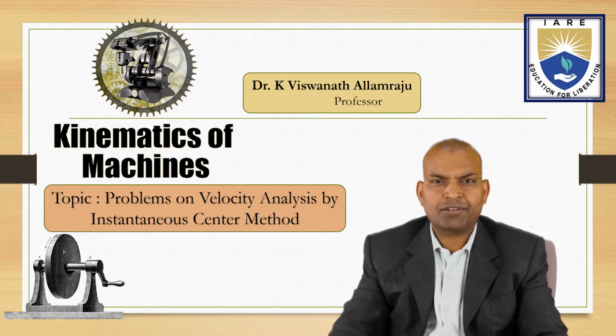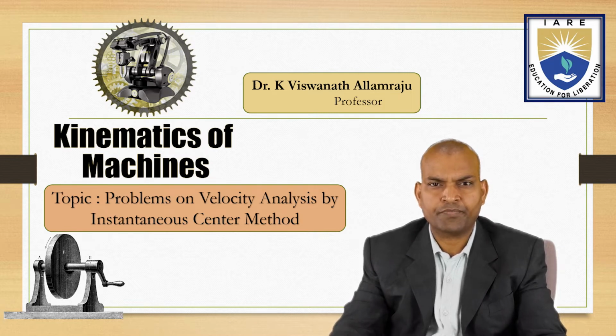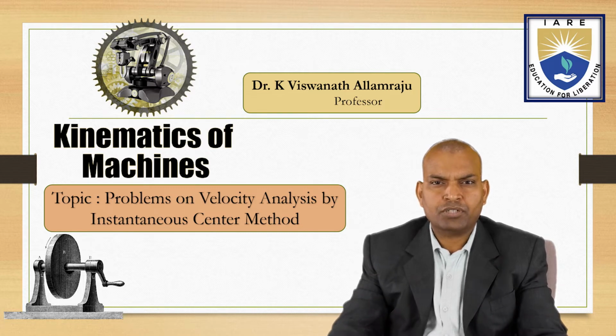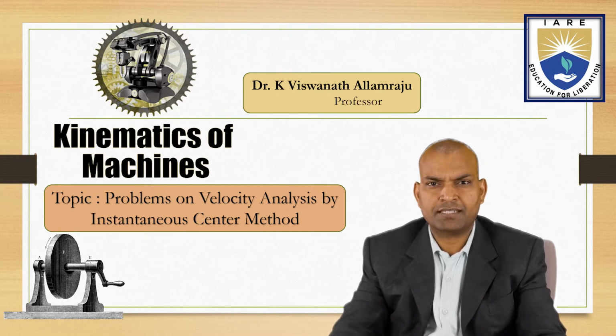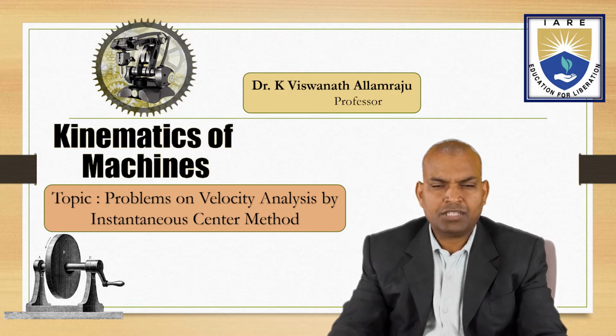By using the relative velocity method, we can calculate the velocities and accelerations of various links of various mechanisms. Now we are going to calculate the velocities of various links by using the instantaneous center method, which we can also simply call the I center method.